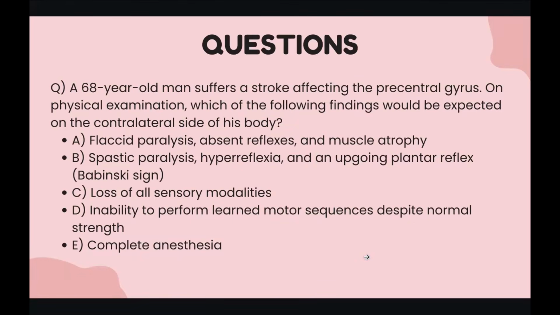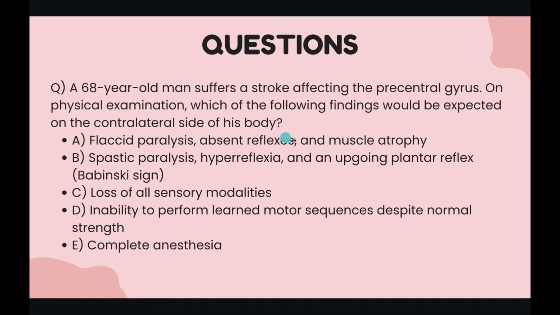Please pause the video after each question and try to answer it on your own before I reveal the answer. First, a 68-year-old man suffers a stroke affecting the precentral gyrus. On physical examination, which of the following findings would be expected on the contralateral side of his body?